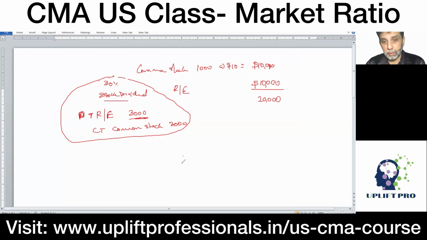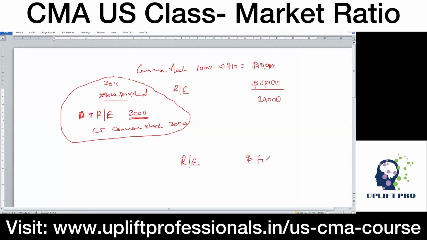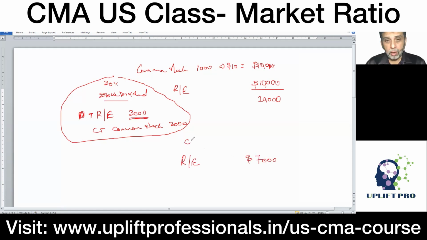How much will be the retained earnings after the stock dividend? 7,000, sir. 7,000. And the common stock will be 13,000. The total equity does not change. It's just a movement from retained earnings to common stock. There is no addition of money to the company.